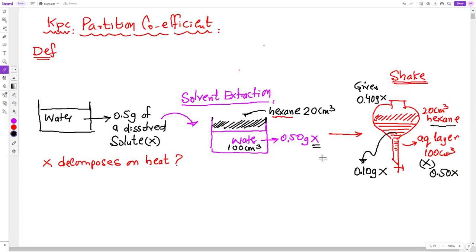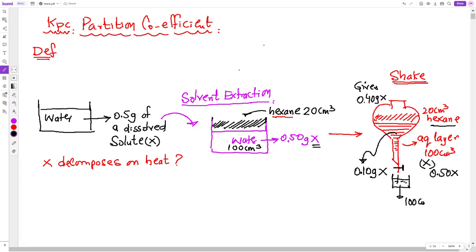Now you basically have two solutions. The lower layer is an aqueous solution in which X is dissolved, and the upper layer is an organic solution in which X is dissolved. Then you can keep a beaker here and open the nozzle. When you open the nozzle, the water will be extracted here.